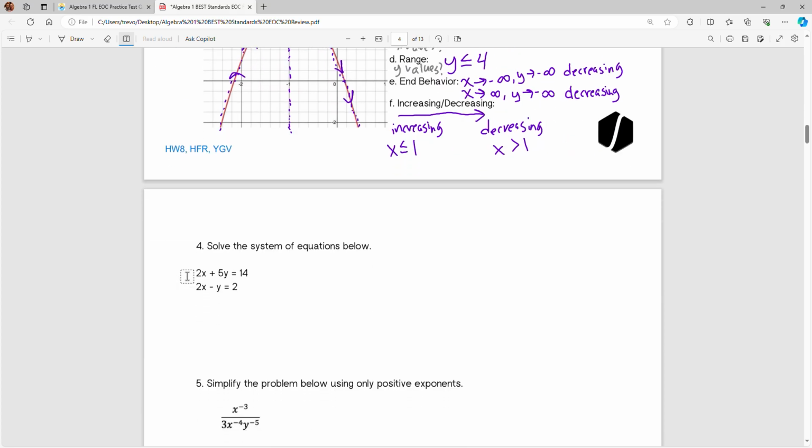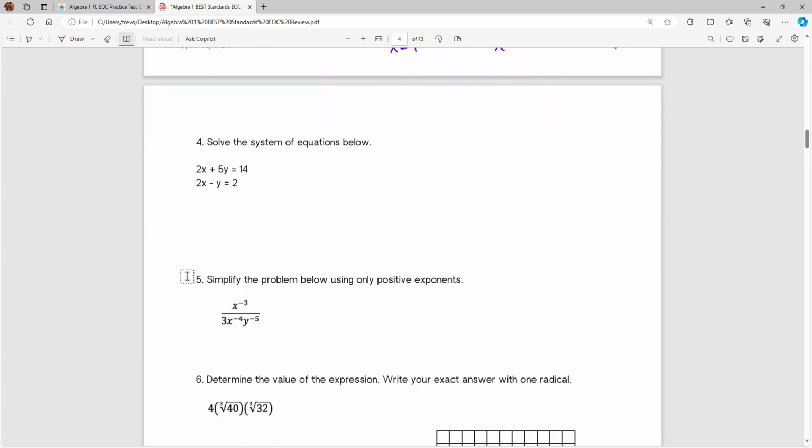We are moving on to page 9 on our algebra yellow packet practice. Number 4 says solve the system of equations below. When we're solving a system of equations, our solution is going to be an ordered pair.